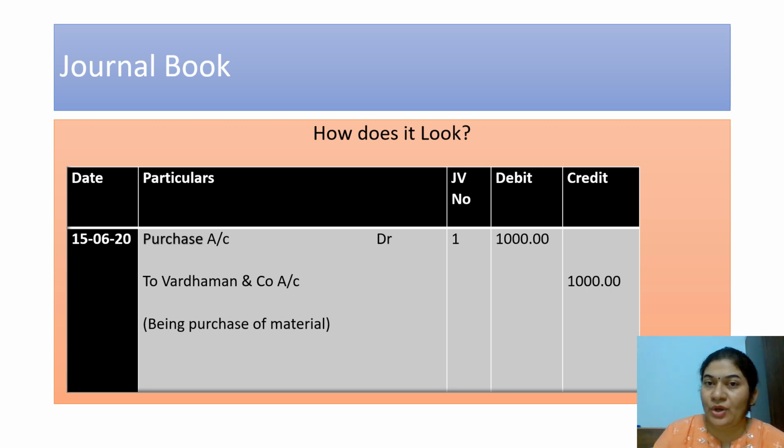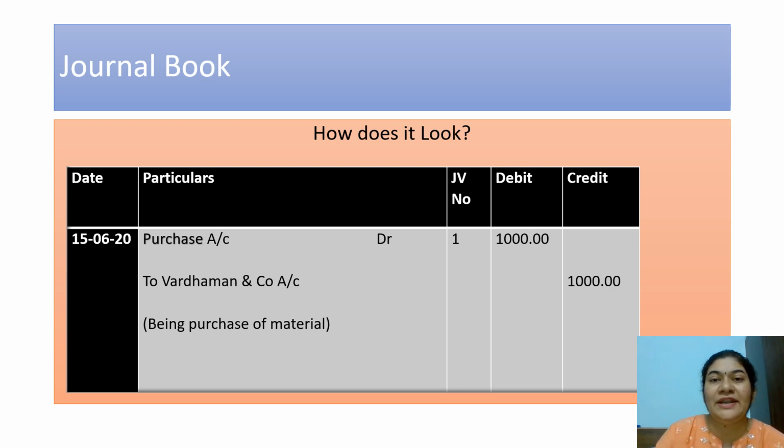There is a debit column and a credit column to enter the specific amounts related to the transaction. Below, you will see in brackets a small description of the nature of the transaction. In this case we are purchasing material, so it is material purchase. This is how a journal book is seen or maintained.